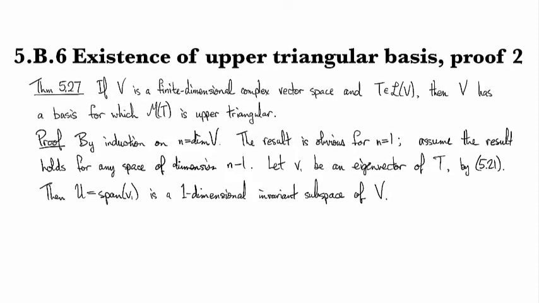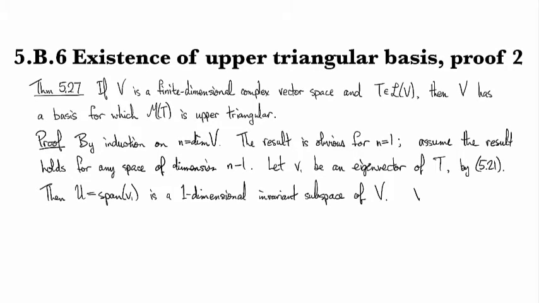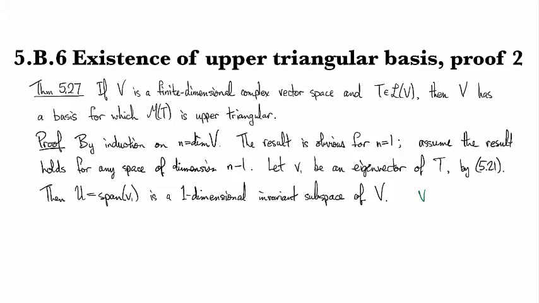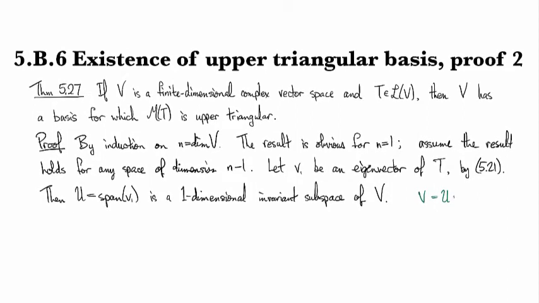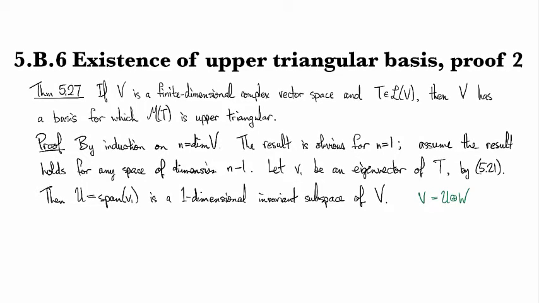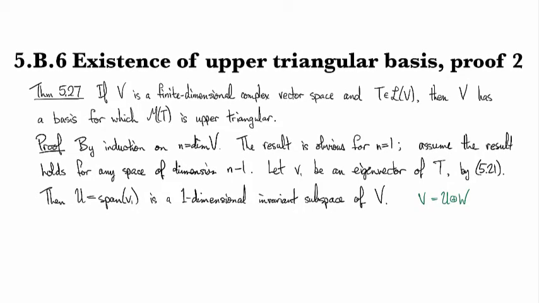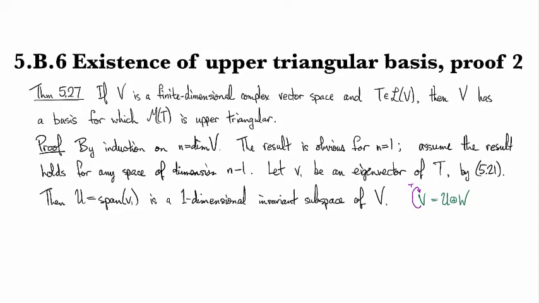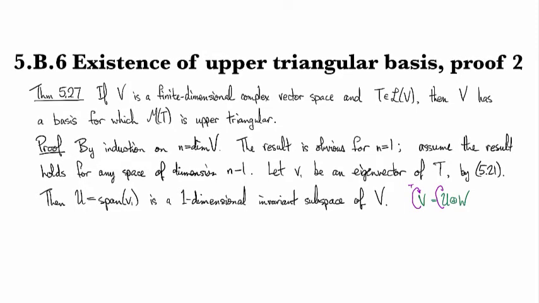Okay, so here's the idea. Let me switch to green ink for thinking. Here, we'll do thoughts in green. So V looks like some one-dimensional subspace U direct sum some other junk W. And T is an operator on V, so it maps V back to itself, and we know that U is invariant, so it maps U back to itself as well.